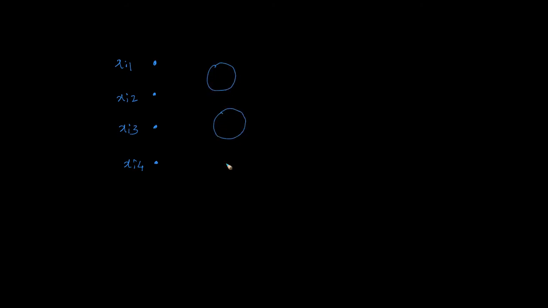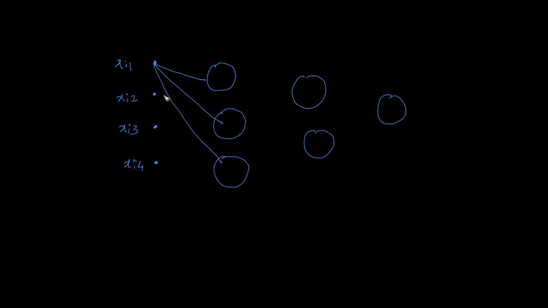Let's say we have 2 neurons here and 1 neuron here, right? So this input I am giving here, here, and here. This input I am giving here, here, and here, right? This input I am giving here, here, and here. This input I am giving here, here, and here.